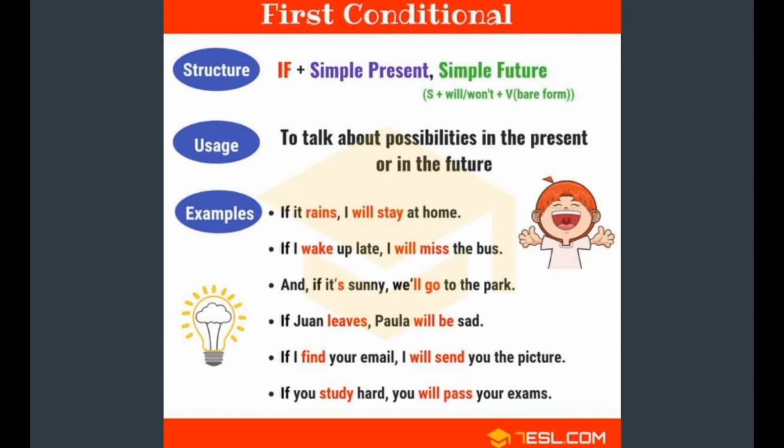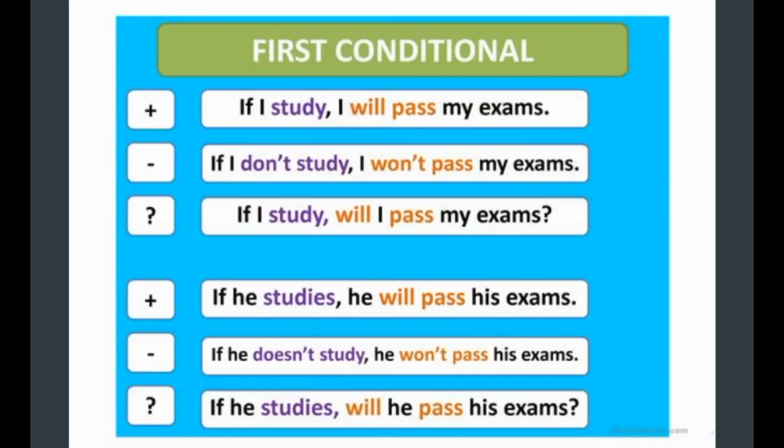So remember, in the first conditional sentence, we use if plus the verb in the present, and in the main sentence I use will, or the contraction of will, that is apostrophe double L, and the verb in the infinitive form, the basic form, right? More examples about the first conditional.